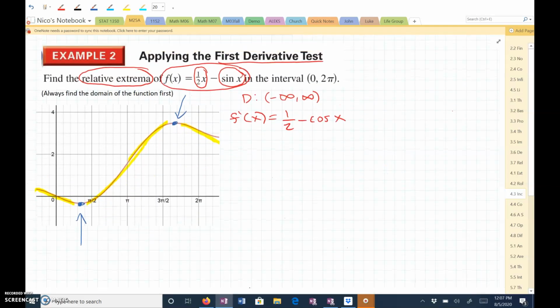To find the critical numbers, we take the derivative and set it equal to 0. We also want to find the x values that would make the derivative not exist. Nothing would do that here because all x values exist for the cosine of x. Basically, we don't have a variable in the denominator anywhere, so we're good.